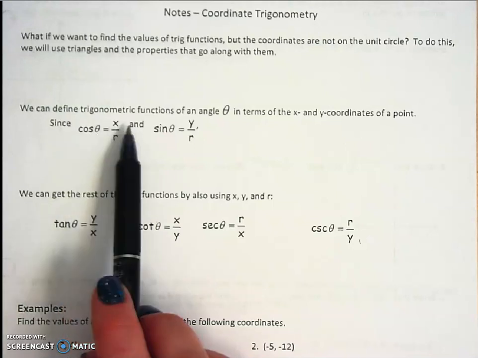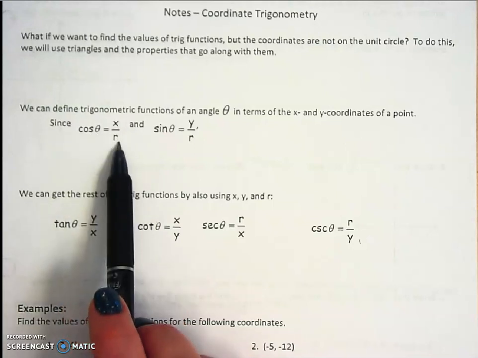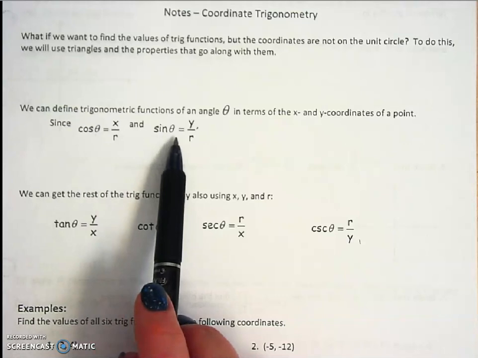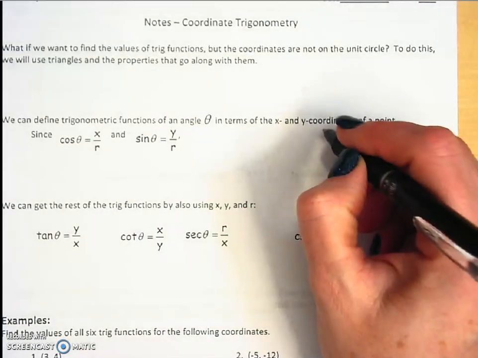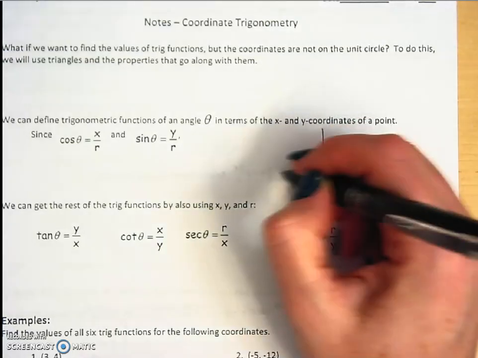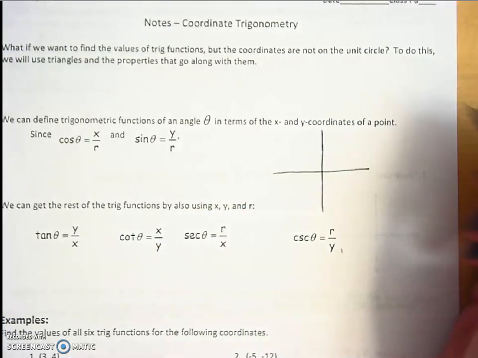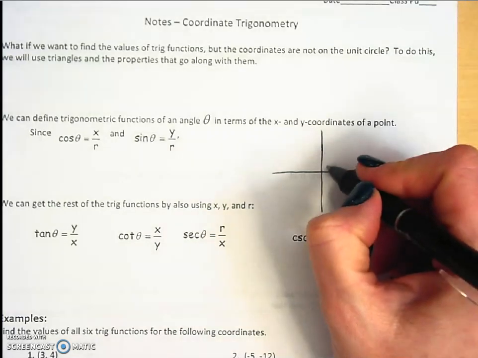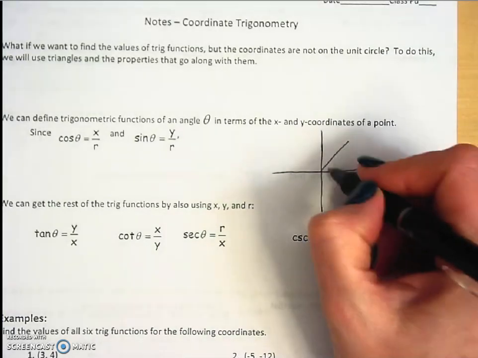Cosine of an angle theta is equal to x over r, the radius. Sine theta is equal to y over r. And what we mean by x, y, and r is, imagine you have these axes, and you've got some angle theta right here.